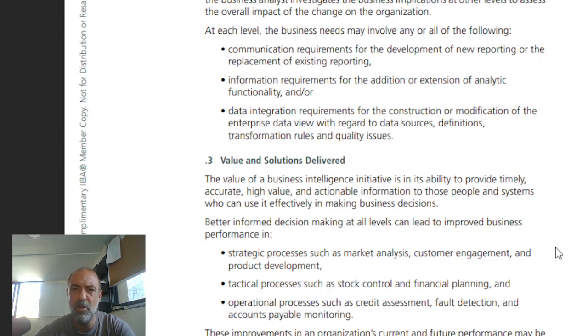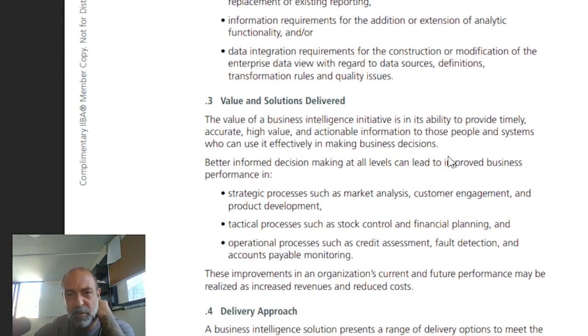So here basically at each level they're saying how requirements differ, and how the changes impact and translate upwards and downwards. For the addition or extension of analytic functionality and for reporting, data integration requirements for the construction or modification of the enterprise data view with regard to data sources and definitions.